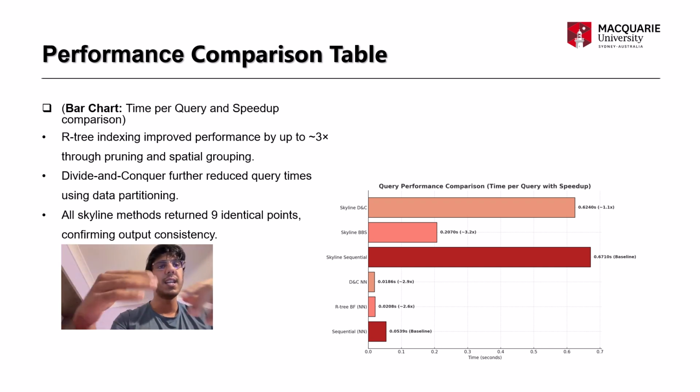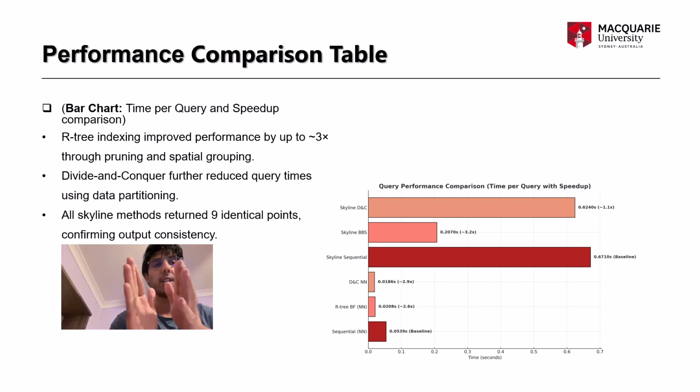Key takeaway here: the R-tree clearly accelerates spatial queries, not only in nearest neighbor search but also in skyline queries through branch and bound processing. Divide and Conquer shows consistently strong performance, especially when datasets are large or uniformly distributed.